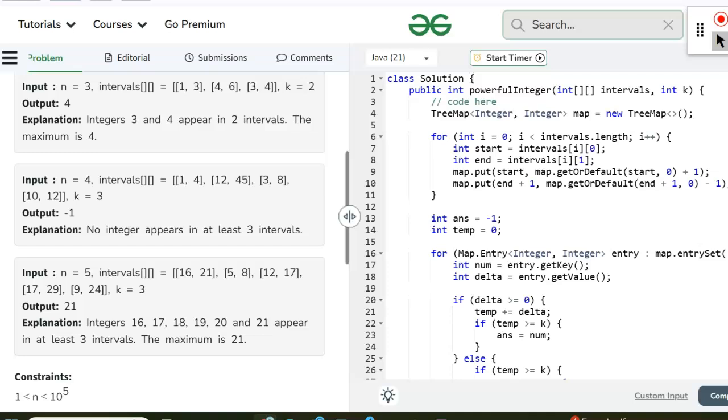If we have a sorted list of numbers, we can keep track of intervals by just keeping track of the start of the interval and the end of the interval. And the way we do that is, imagine we're doing a prefix sum.